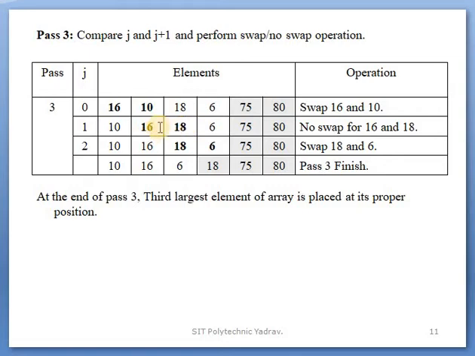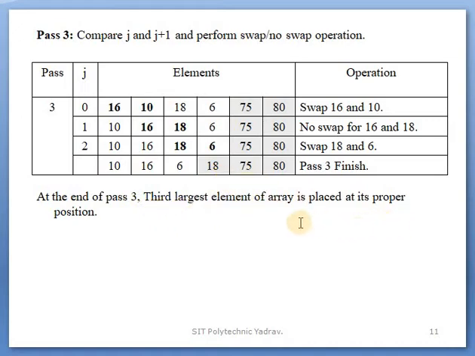No, 16 is not greater than 18, so no swap, and the number is taken as it is to the next stage. After that, 18 and 6 are compared. 18 is greater than 6, so swap 6 and 18. Okay, after pass 3 finishes, 18 is placed in its proper position. When two numbers are compared, check which is greater and put that in bold, so you can easily understand. Okay, at the end of pass 3, the third largest element of the array is placed at its proper position.